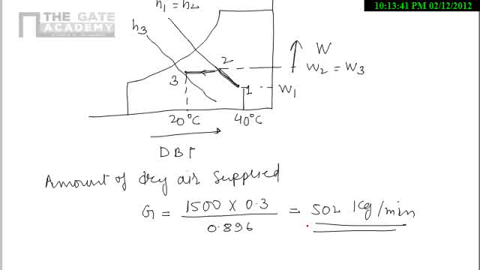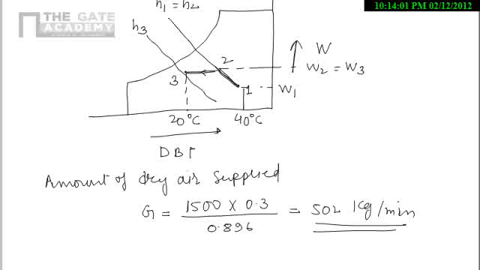Now we have to find out the capacity of cooling coil. We have G, and for the cooling coil capacity we have to go from 2 to 3, so we concentrate only on the process 2 to 3.